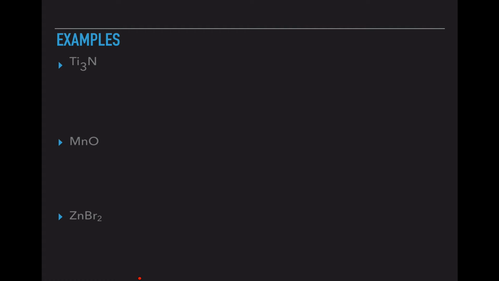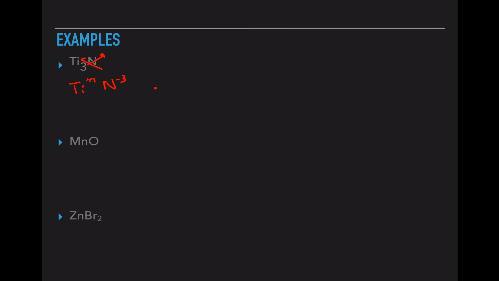Step number 1 is take the numbers that you are given and reverse crisscross them back up. So when we do that, we have Ti with a +1, because there was no number out here, and we have N with a -3. Step 2 is check your oxidation numbers. Nitrogen has 5 valence electrons, so he wants to have a charge of -3 to fill in those last 3 spots.